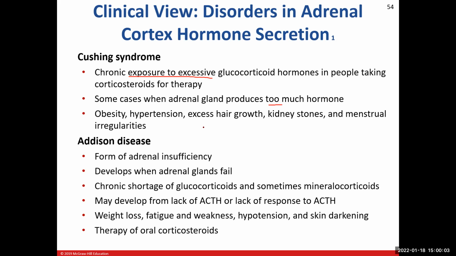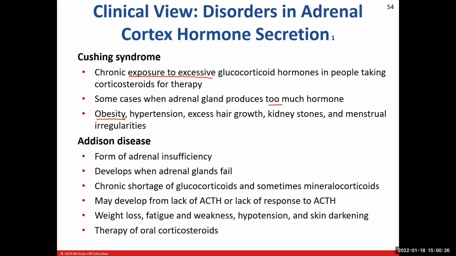Now, the kidney stones is an interesting fact, and it has to do with the filtering process there in the kidneys, of course. And then for females, they'll see changes in their menstruation. But a lot of times what people will initially notice is an increase in weight quite a bit.